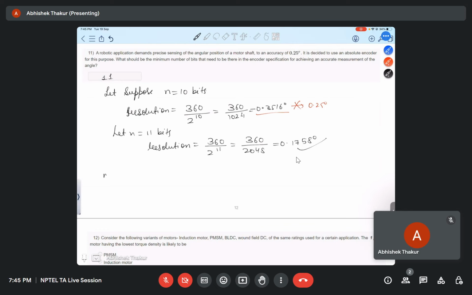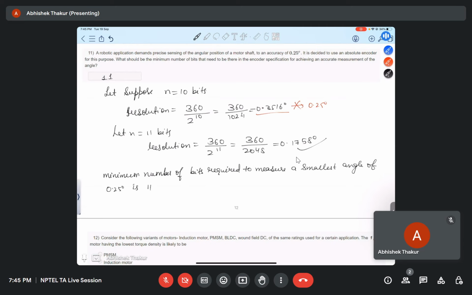So the minimum number of bits required to measure the smallest angle of 0.25 degree is 11.